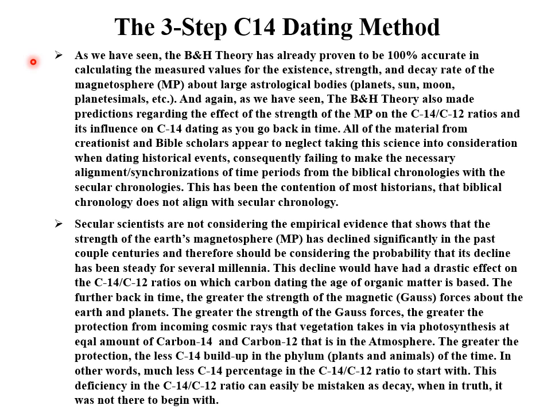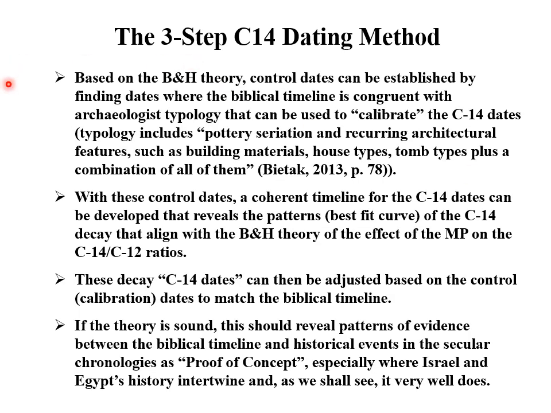In other words, much less C14 percentage in the ratio to start with. This deficiency in the carbon-14, carbon-12 ratio can easily be mistaken as decay when in truth it was not there to begin with. So they're adding decay time to something that had not decayed at all from that starting point.